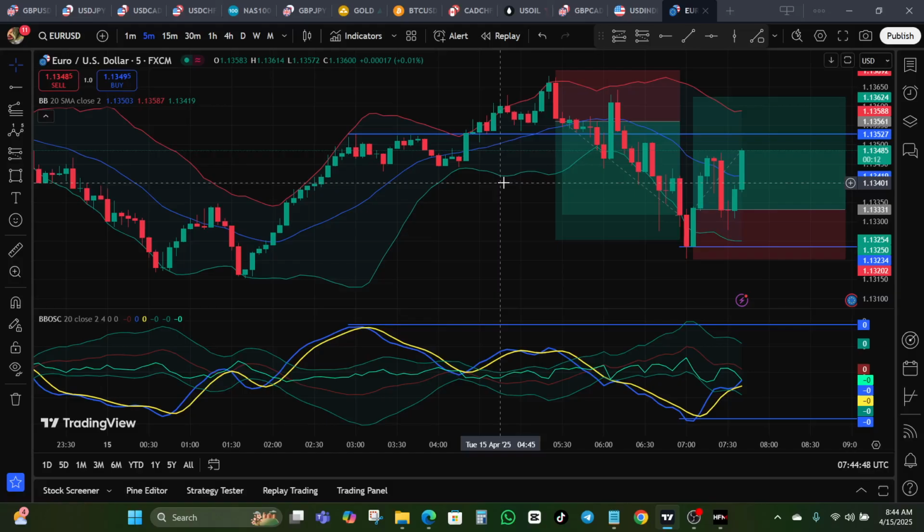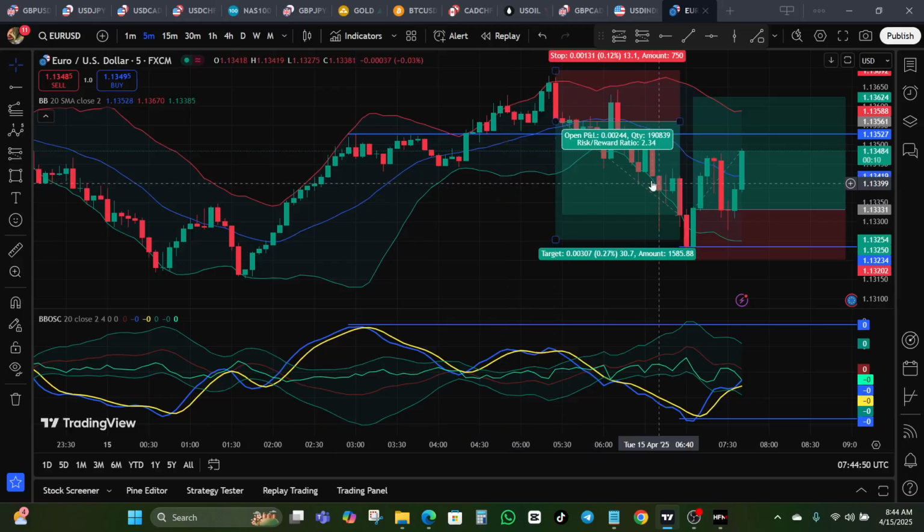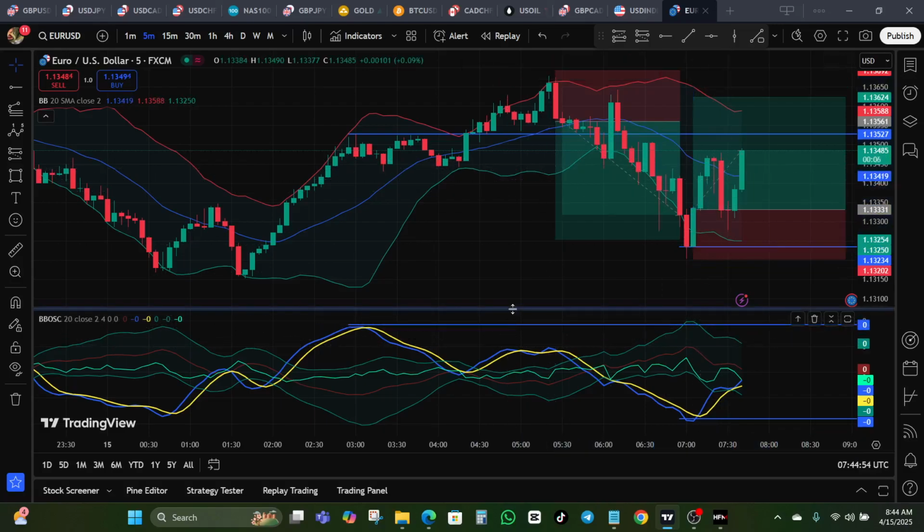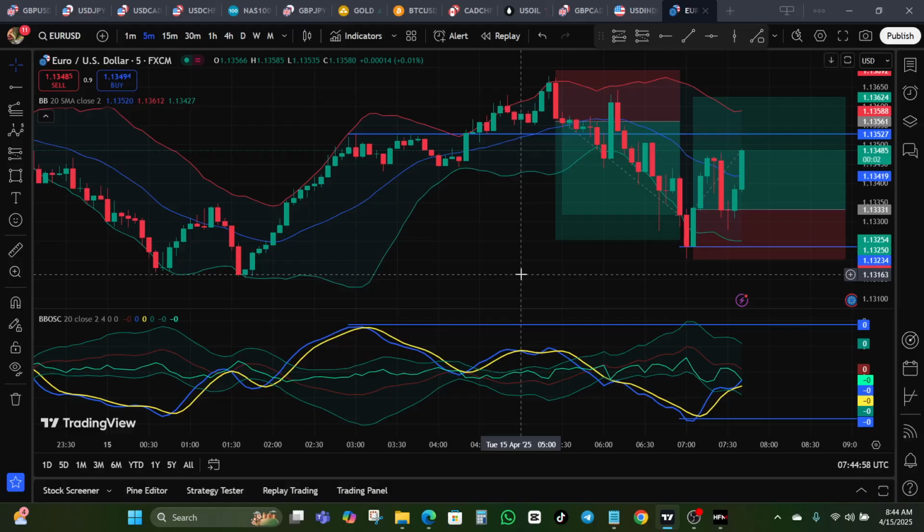Make sure that you have a good risk to reward ratio for each trade that you want to execute. Even if you have an equal number of wins and losses, you're still going to be on the winning side because your profits were always greater than your losses. This strategy works across time frames, whether you are day trading on the 15-minute chart or swing trading on the 4-hour chart.